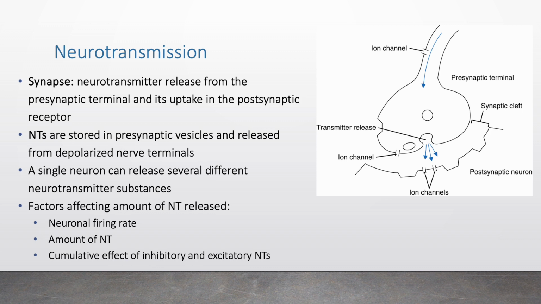It involves the release, diffusion, and binding of neurotransmitters across synapses. Neurotransmitters play a fundamental role in regulating nervous system function, including sensory perception, motor control, cognition, and behavior. Understanding these mechanisms of neurotransmission and synaptic communication is crucial for unraveling the complexity of neural networks and their role in brain function and behavior.